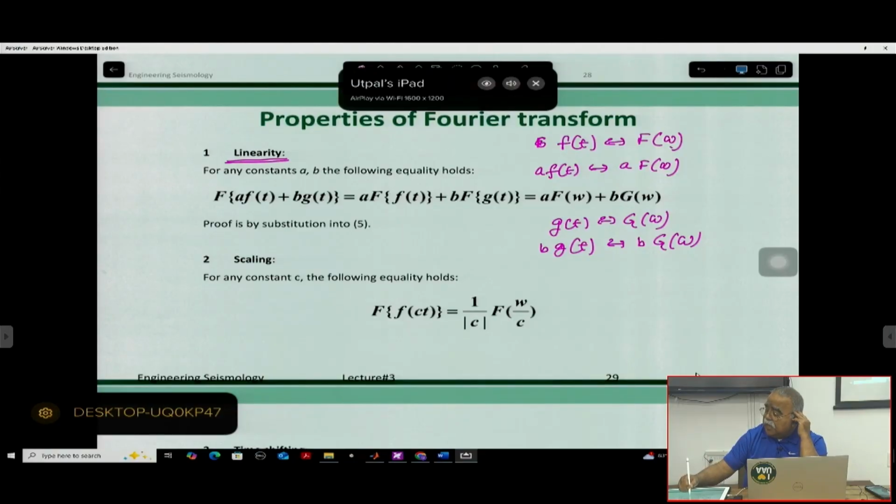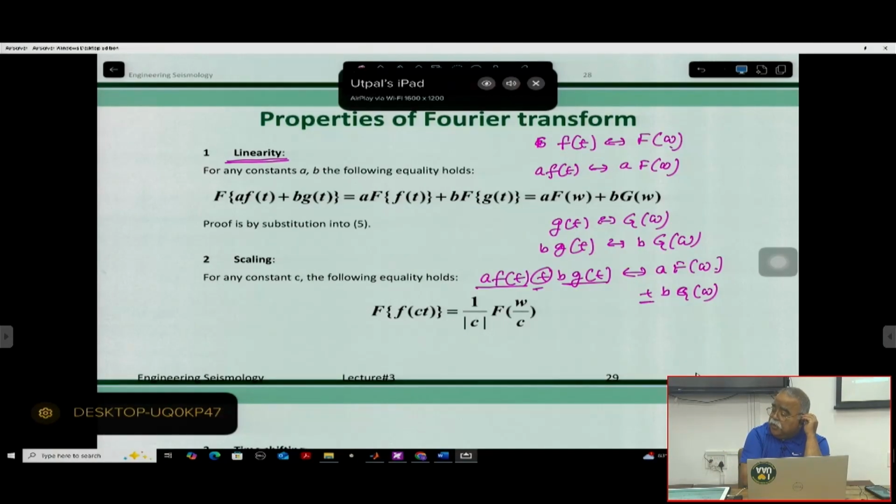And if you add both, a f(t) plus b g(t), they will have a Fourier transform of a F(omega) plus b G(omega). If it is plus or minus, then this will also be plus and minus. This is what we call linearity. So the Fourier transform has a linear property.